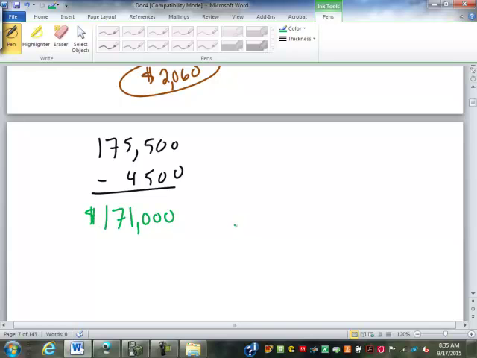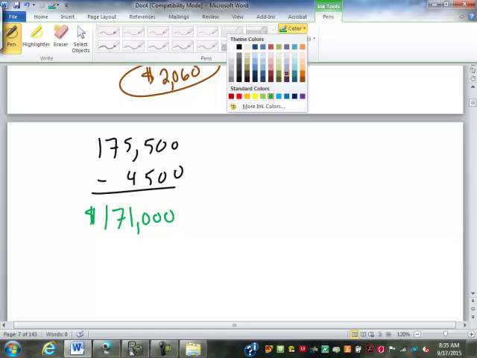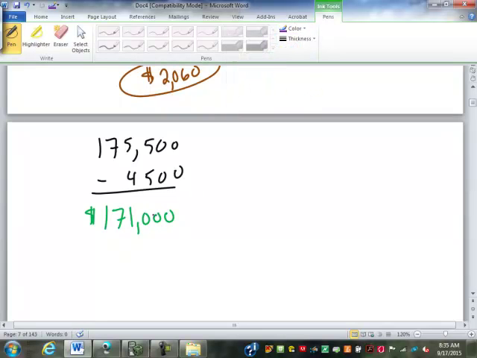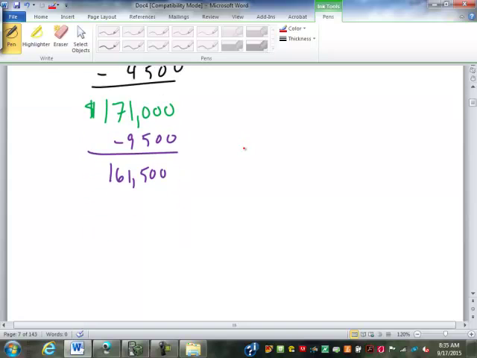He had a trade-in of $9,500, so we're going to subtract the $9,500, which is going to put us at $161,500, and a down payment of $5,000. So we're going to subtract $5,000 from that.